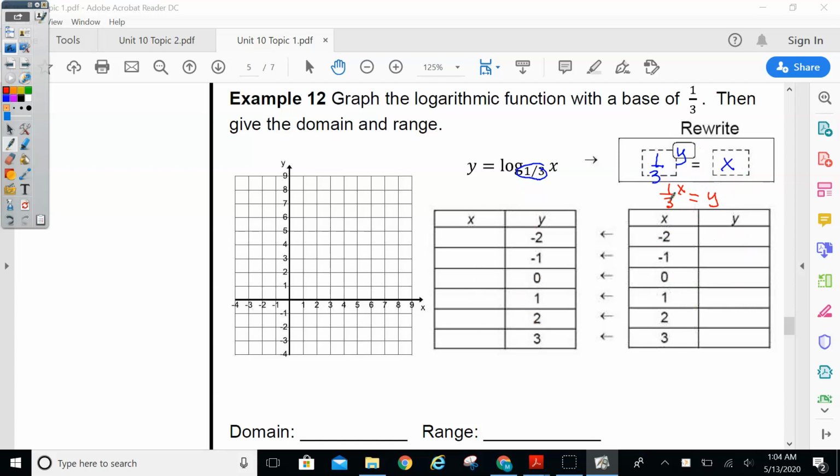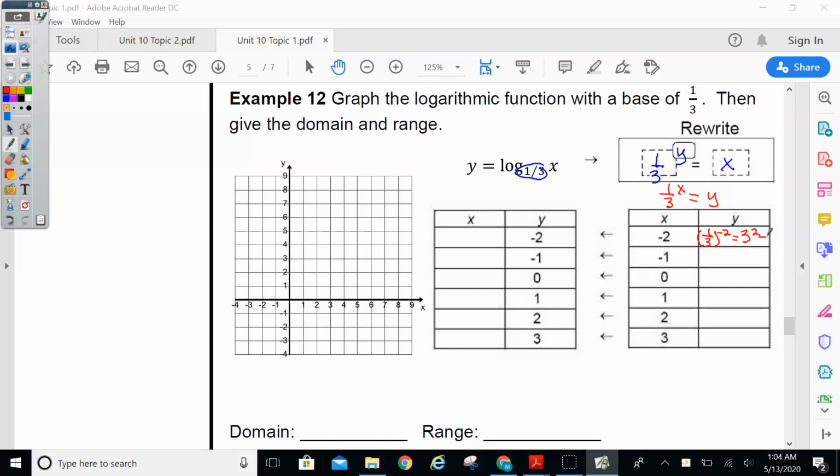Okay, so 1/3 to the -2. The negative is going to flip it to 3 over 1, which is just 3.